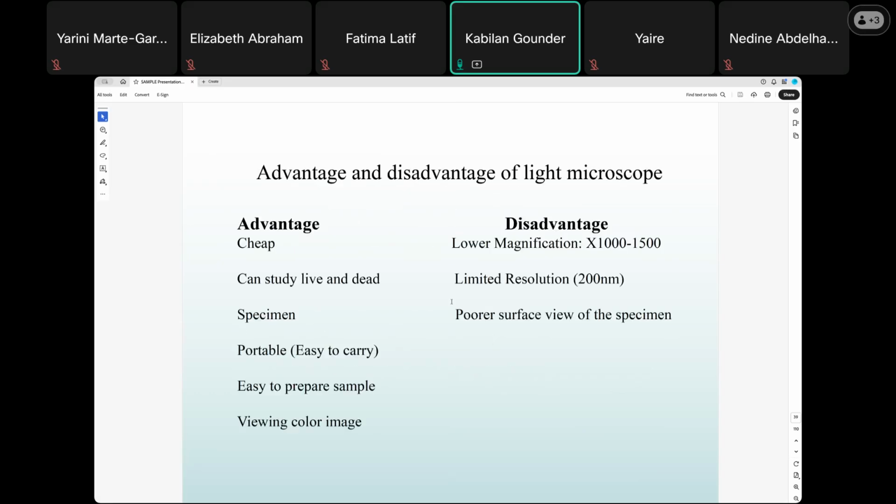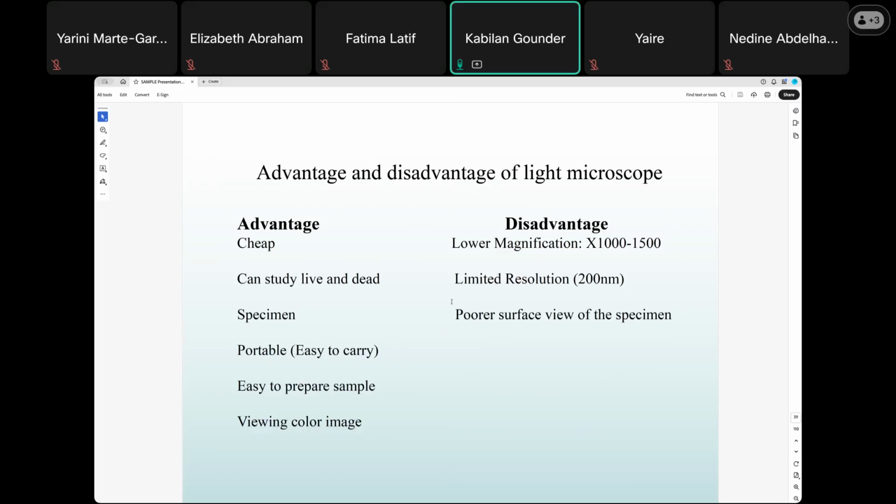So in general, light microscopy is cheaper. You can study both live and dead cells. It is easy to carry, but nowadays a sophisticated microscope is big and you cannot carry it. Sample preparation involves different steps, but it is straightforward.